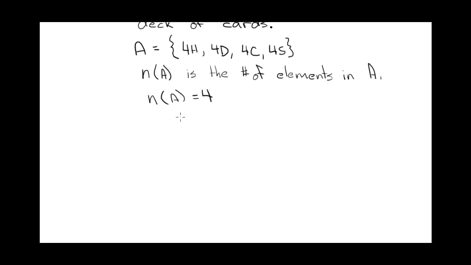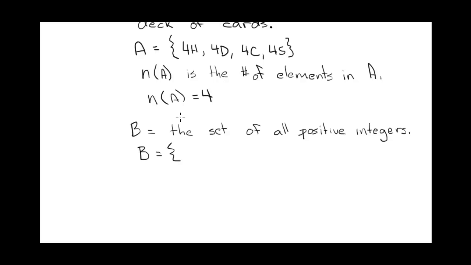I could give you another example. Let's say B equals the set, here's a more mathematical example, of all positive integers. So B would be equal to, we could put all the elements in set notation.